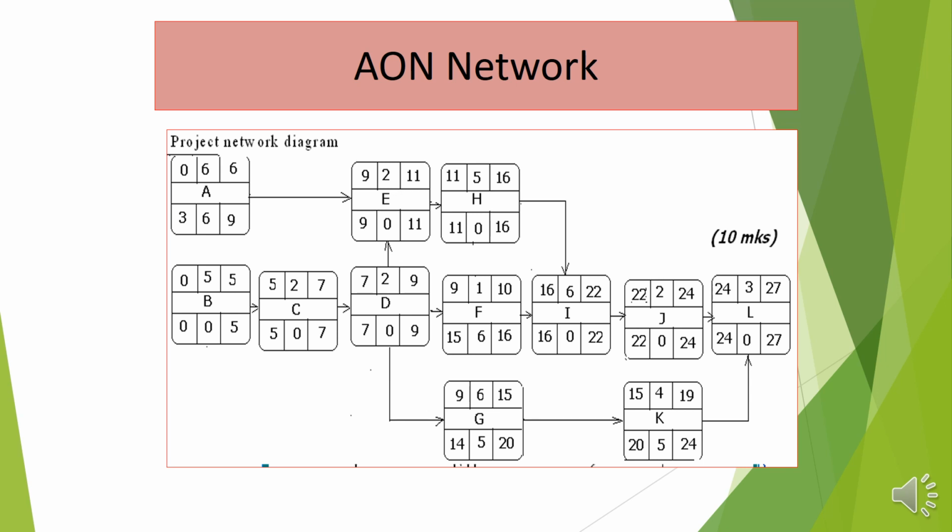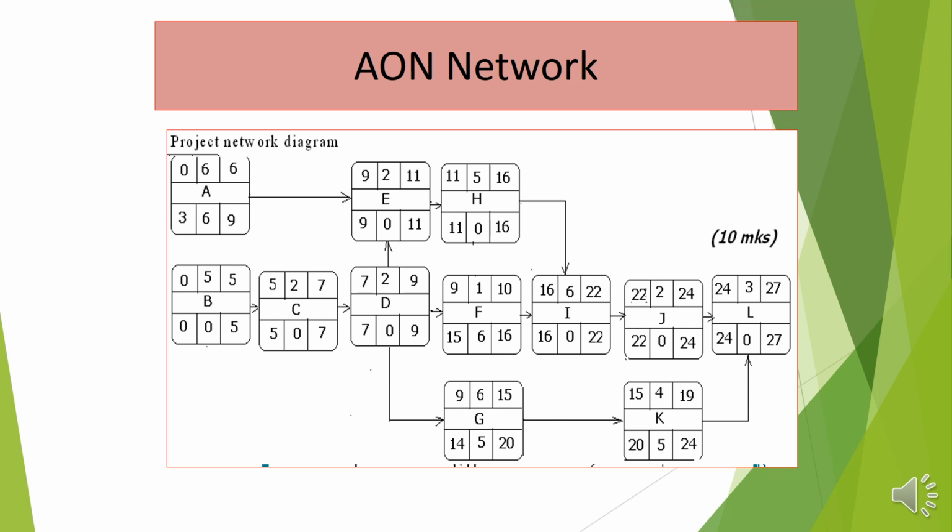Remember, E needs inputs from A and D, i.e. E depends on prior completion of both A and D. You would have taken 6 as the earliest start, but remember, the other predecessor has not completed, and both must be complete. And so, E starts after D has completed, and that's 9. Then it ends at 11, and then 11 to 16.